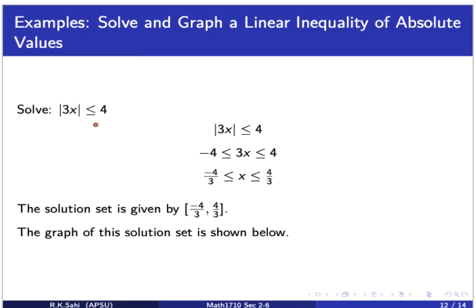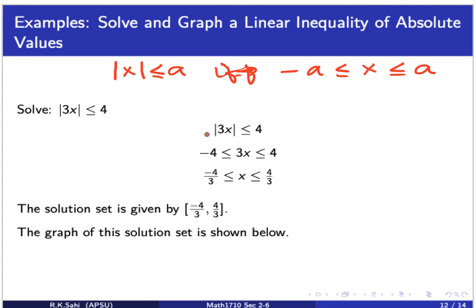Absolute value of 3x less than or equal to 4. Now remember the rules. If you have the absolute value of x, or any expression, less than or equal to a, we write this as, if and only if, minus a less than or equal to the expression inside, less than or equal to the constant a. So here my a is 4, and this x is now being replaced by the expression 3x.